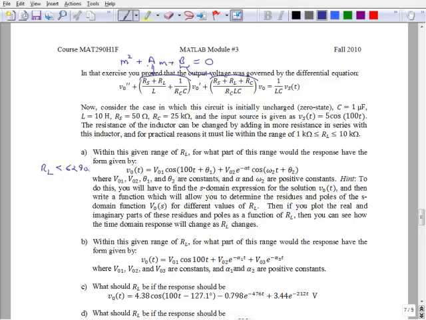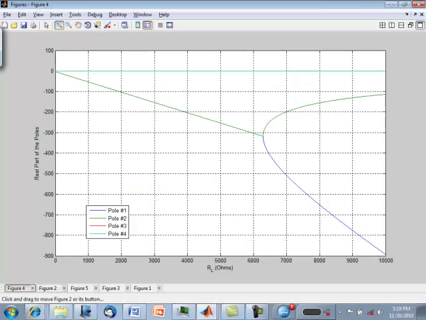Very simply, in Matlab, you can see that you can change this response by just adjusting what your RL is. Now, if you're looking for RL to produce a specific response, so let's say minus 212 and minus 476, then we can go back, and what we're looking for is 212, so we want something in this range.